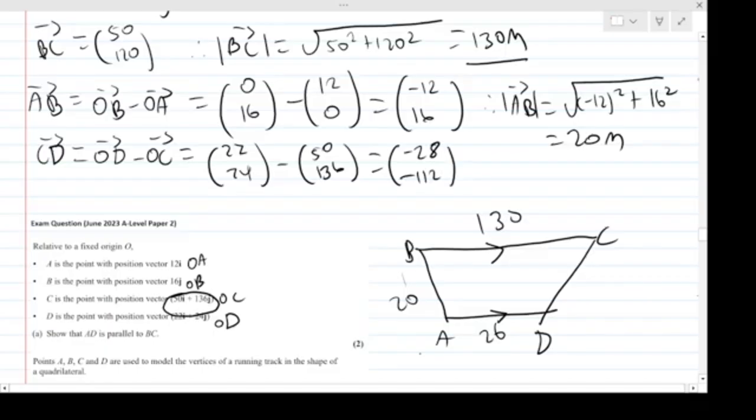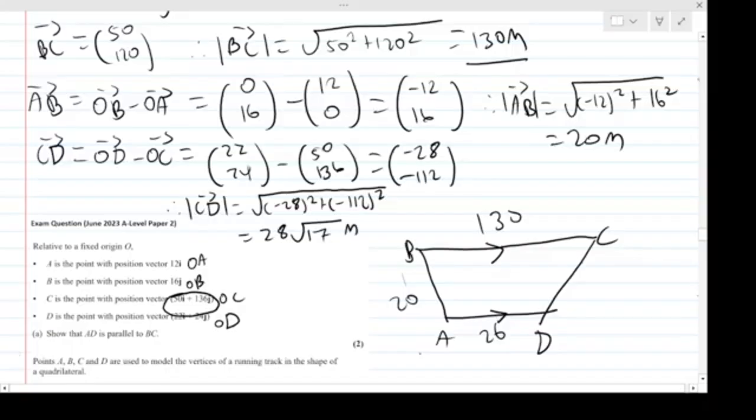So the length of CD is going to be root minus 28 squared plus minus 112 squared, which would be 28 root 17 meters. Okay, 28 root 17. So now I've got all my sides.